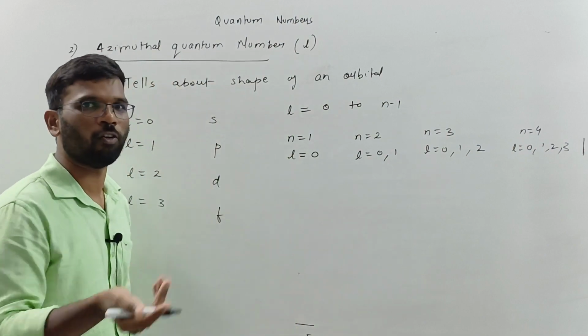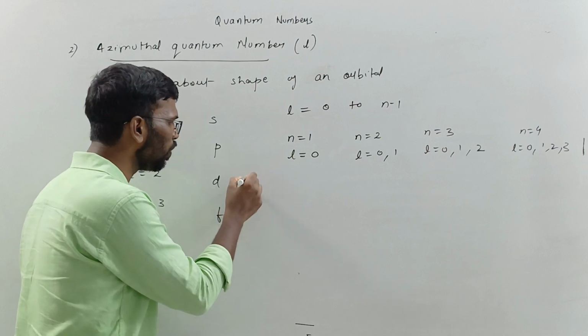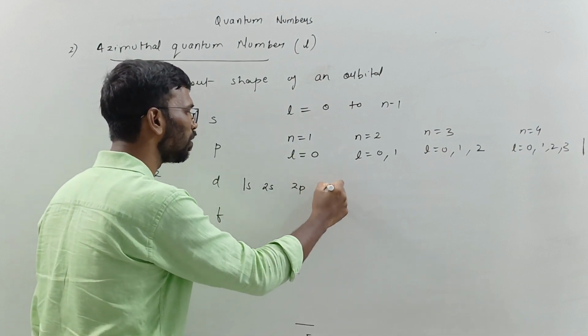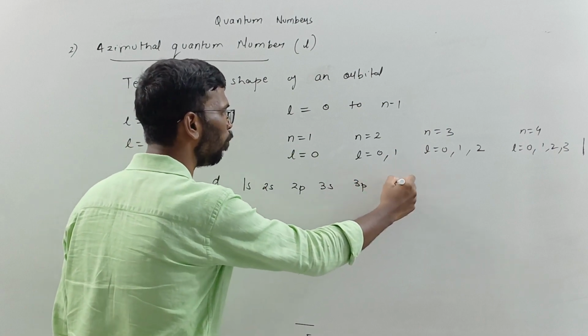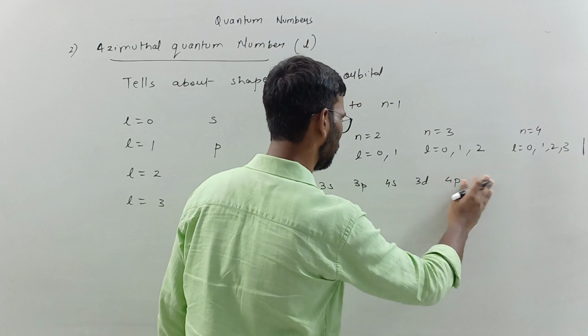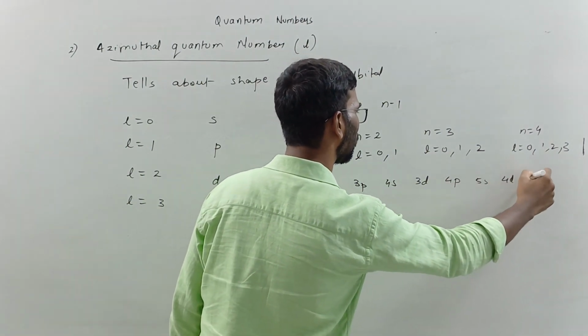If we write the Aufbau principle, the filling of electrons in increasing energies, it goes this way: 1s, then 2s, 2p, 3s, 3p, 4s, 3d, 4p, 5s, 4d, 5p.